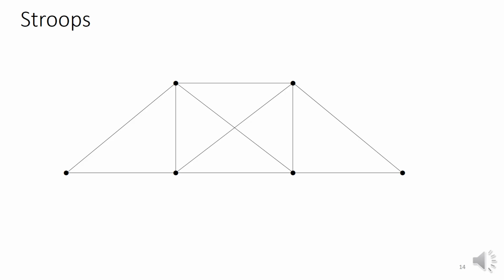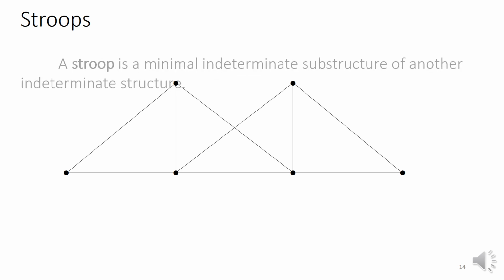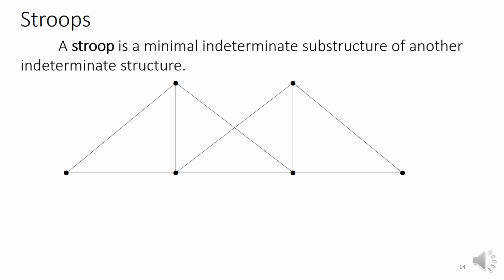We now come to the important idea of a Stroop. A Stroop is a minimal indeterminate substructure of another indeterminate structure. We look at this example which we saw a few slides ago, of an indeterminate structure.